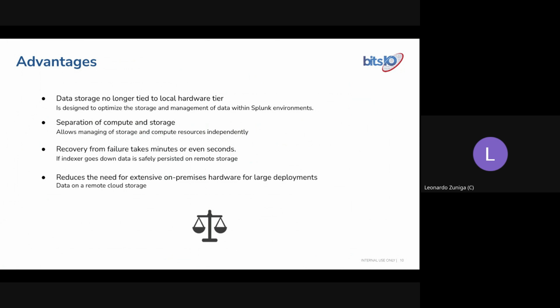Let's say in a scenario with no Smart Store, if an indexer goes down, we lose a copy of the replication factor, which will cause the cluster master to do some fix-up tasks that can take hours to resolve, and will also bring several warnings when searching. It is not good when a peer goes down.